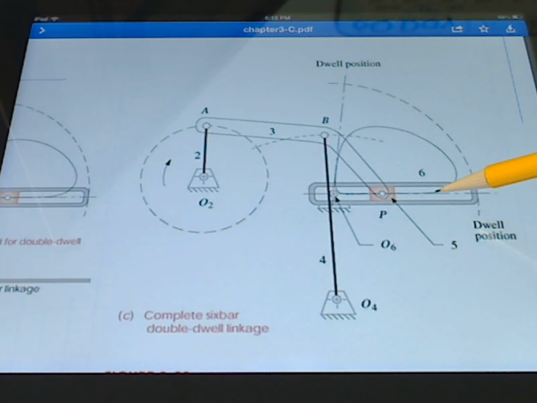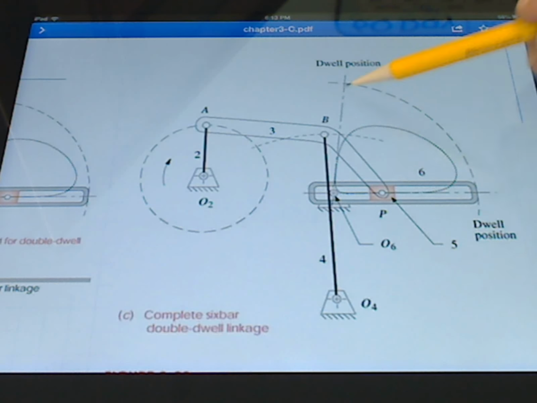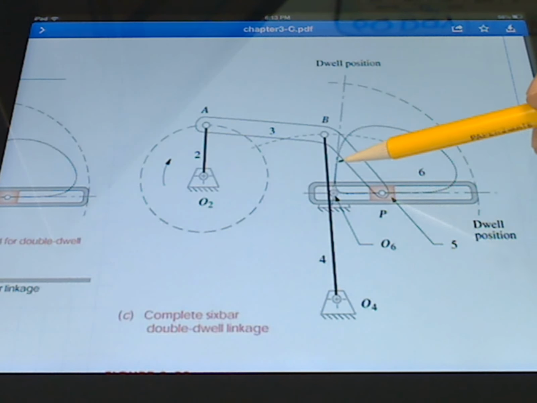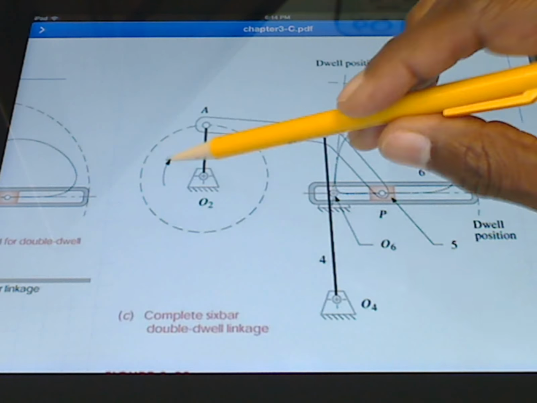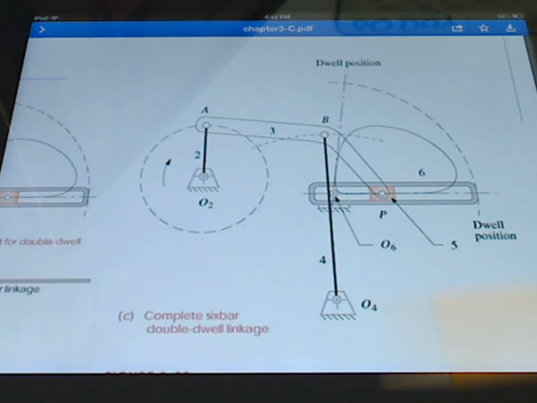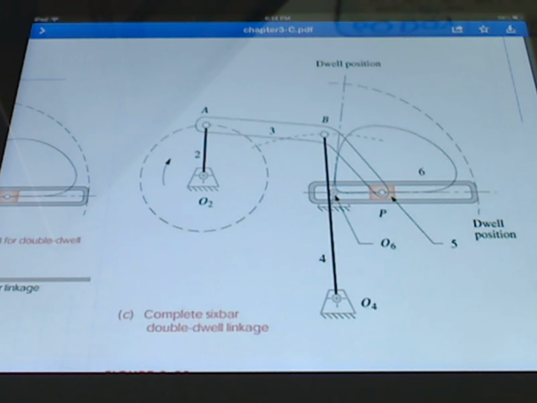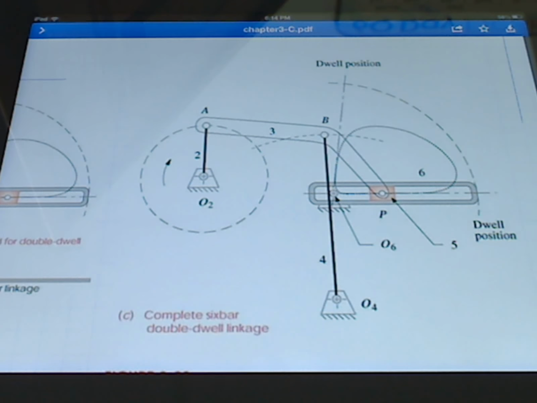But the second that piston gets over here and starts to go up, we'll see this entire gray link move in this direction until it gets to be collinear with this part of the straight, and then the piston is going to be moving down this portion, in which case link 6 again will be paused. And so really we're getting two dwells for one rotation of our crank. And so this is where we created a double dwell linkage. And that's all that I have at this time for dwell linkage design.